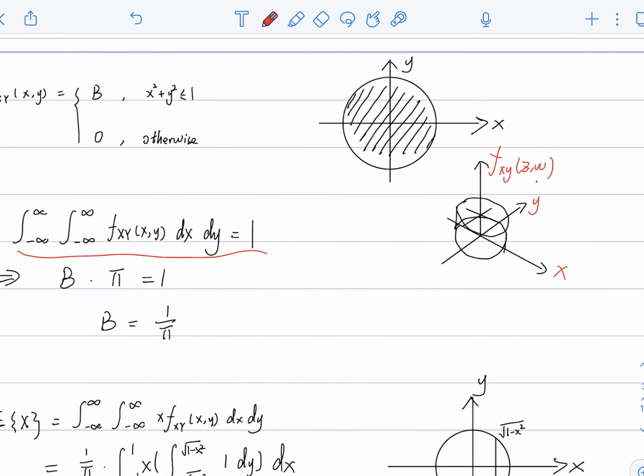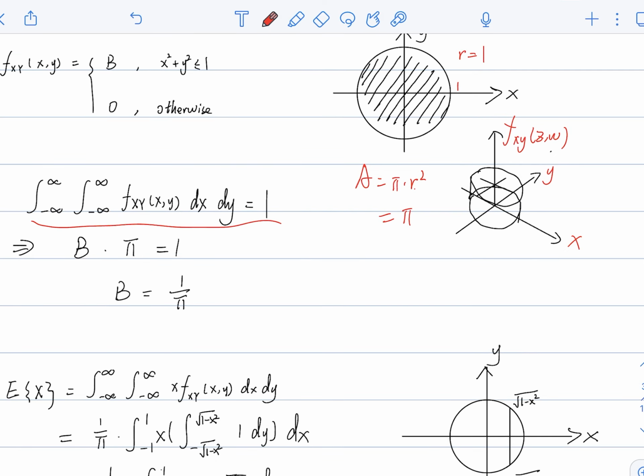We can see that the domain of f(x,y) is a circle with radius r equal to 1. So the area is equal to pi r squared, which equals pi.